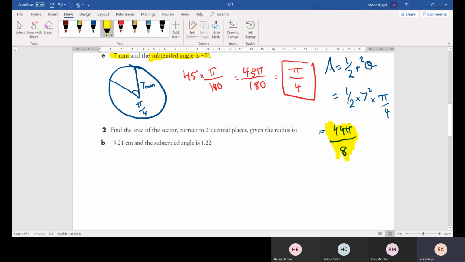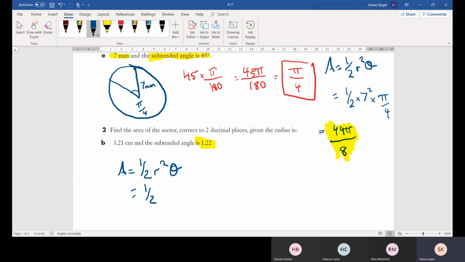Okay, another simple-ish kind of question. Find the area of the sector correct to 2 decimal places. So here we're going to be finding it in radian form in decimal, given the radius and a subtended angle. This angle here is in radians already, so I can simply leave it as that when I'm plugging it into my formula. So I'm going to use, again, A equals a half radius squared theta.